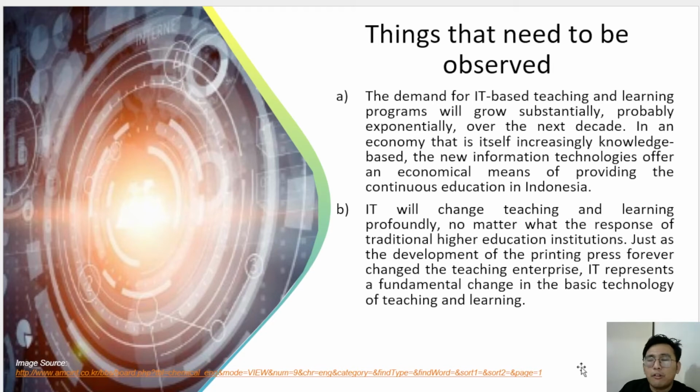The demand for IT-based teaching or learning programs will grow substantially, and probably exponentially, over the next decade. Right now, in Indonesia, we have been funded by the government to learn in IT-based learning, and even we as citizens get paid for that.